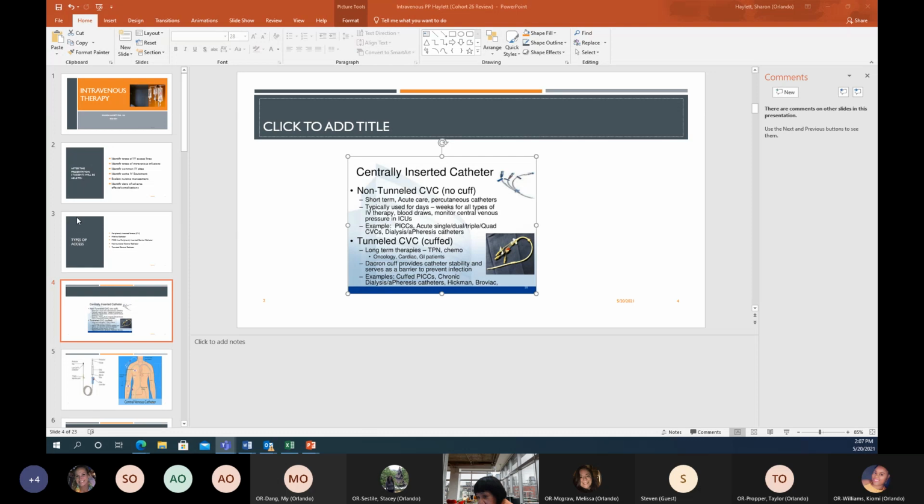Certain medications, especially like TPN, are an area where you can get a lot of problems. So the doctors don't like to keep it in for a long time unless it needs to be there. One of the non-tunneled is the PICC line. And you have the tunneled ones for long-term therapy for patients who are getting chemo and all that. So you'll see that.